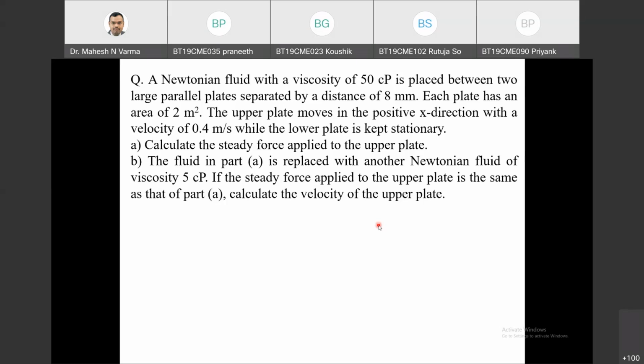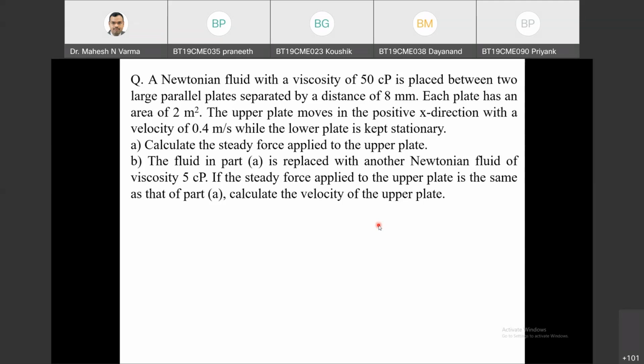Roll number 38, Dayanand. Yes, sir. So how to go for this? Which law is used here? Sir, I just joined the meeting. I didn't read the question.